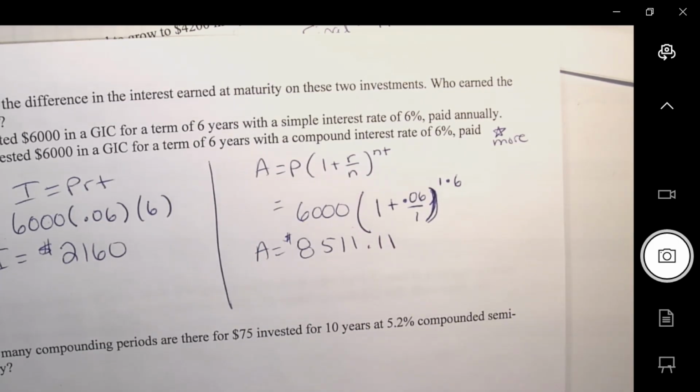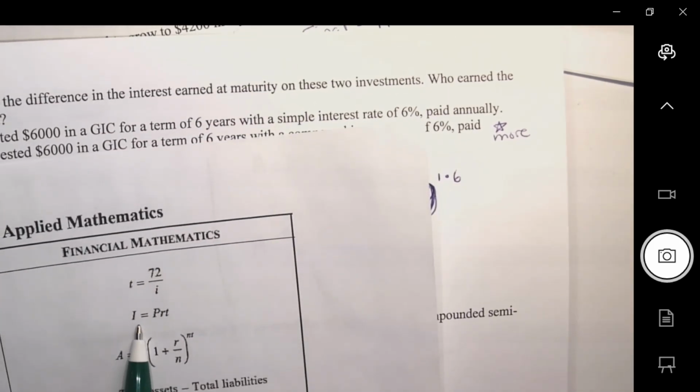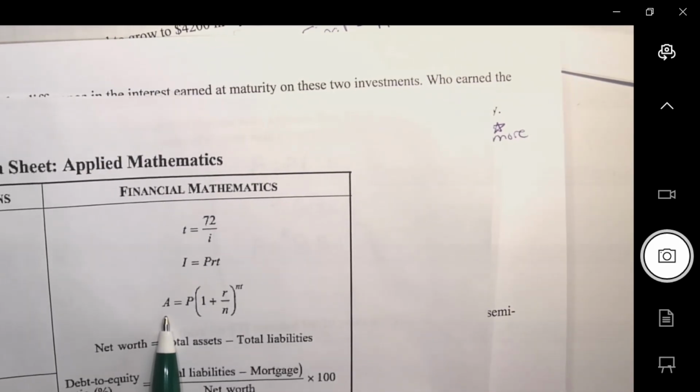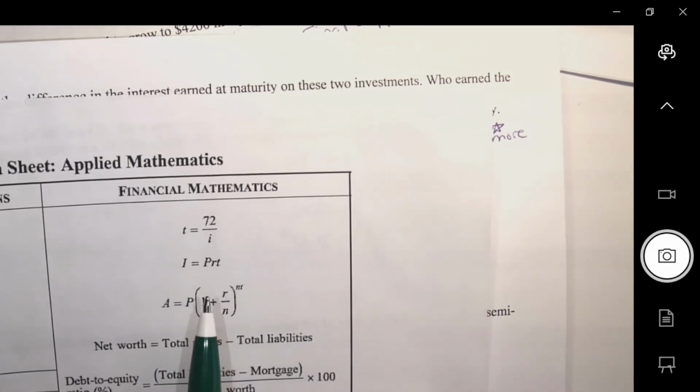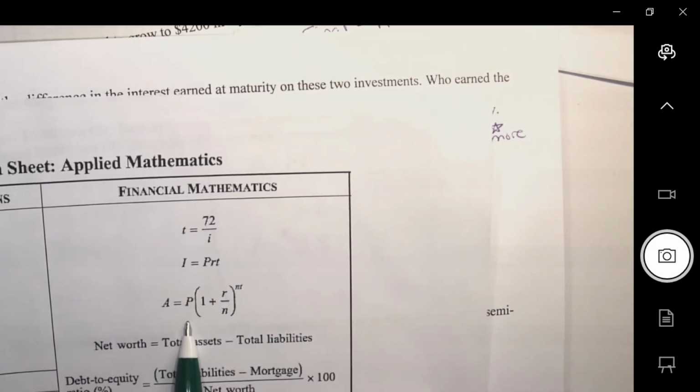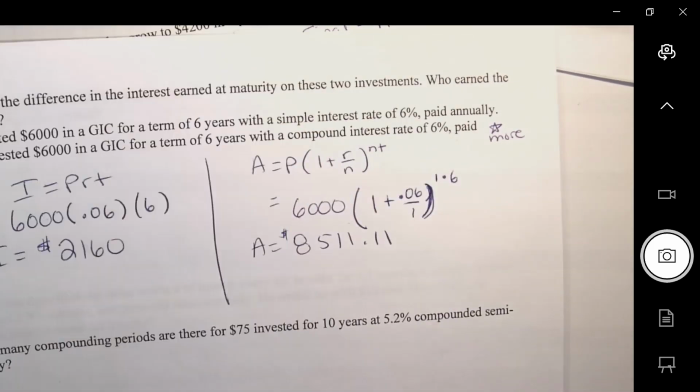Okay, do you notice that these formulas are completely different in the way that with the simple interest formula, it works to find you interest. This formula works to find you the final. So they don't find you the same thing. This formula is always finding you interest, and this one's always finding the final.